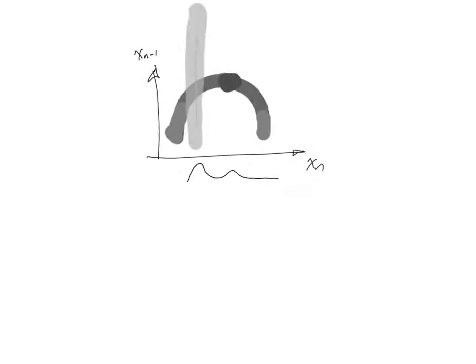And so this marginal might look something like this, where the mode is right here of the marginal, but the mode of the joint is right here in a very different location. That would work. So this is an example where they're in different places.